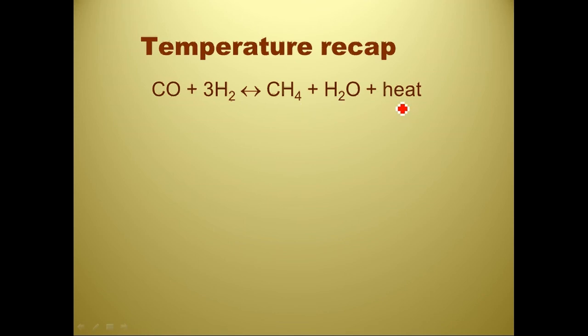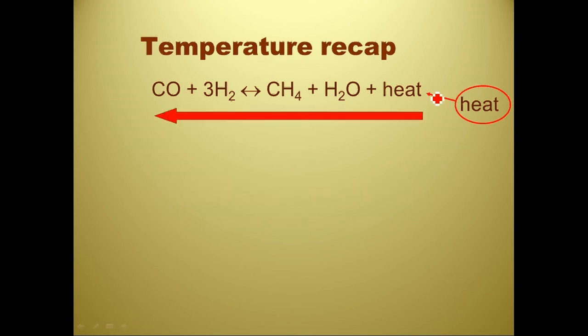Now, this reaction has heat in it, so if I added more heat, it's got extra heat it wants to get rid of. That means it's going to shift the reaction to the left to get rid of that heat. There's a very interesting thing that's going on here. We have to talk about the KEQ, okay?